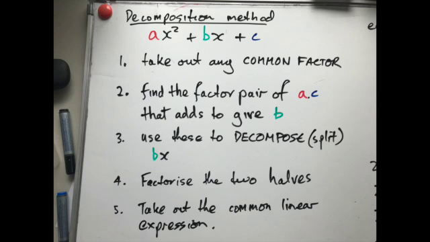Use that factor pair to decompose your bx, splitting it into two x terms. Factorize the first two terms, and then factorize the second two terms and take out the common expression.